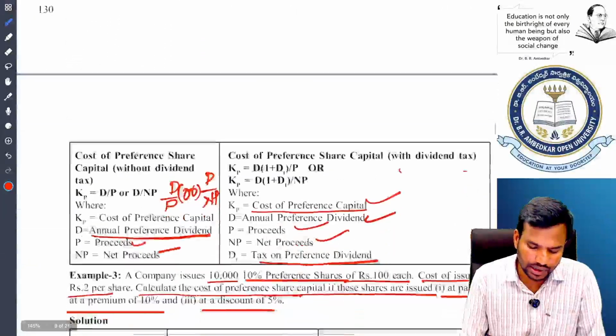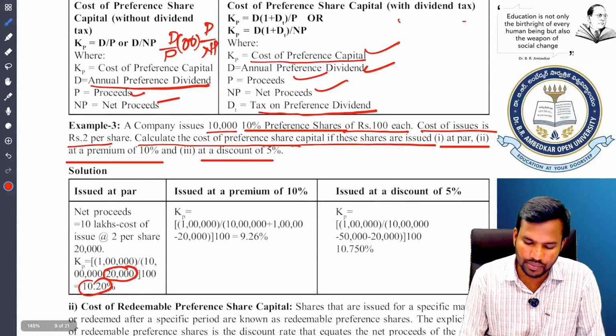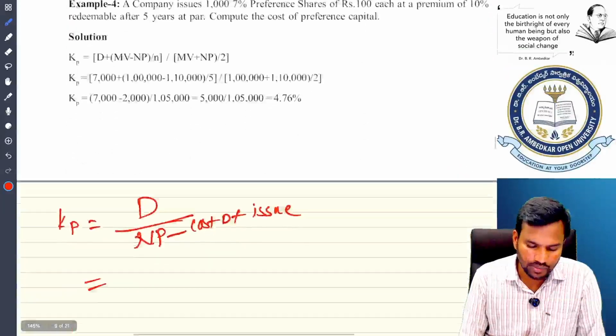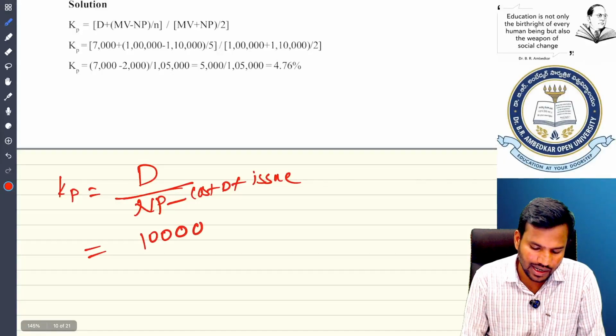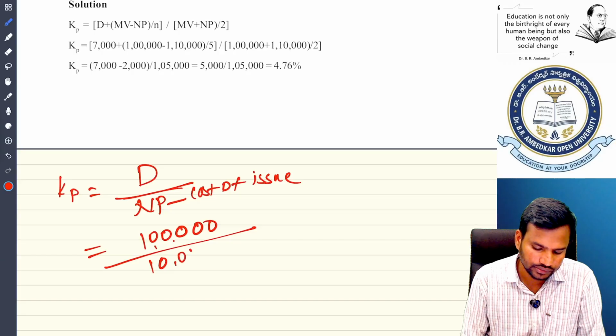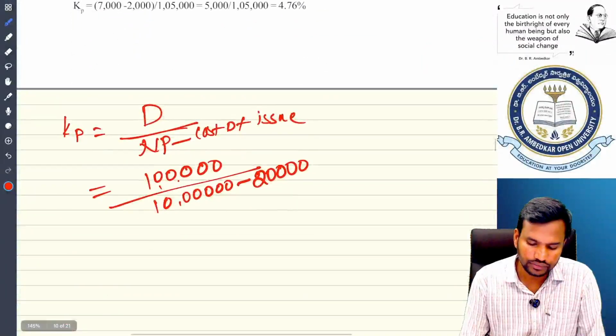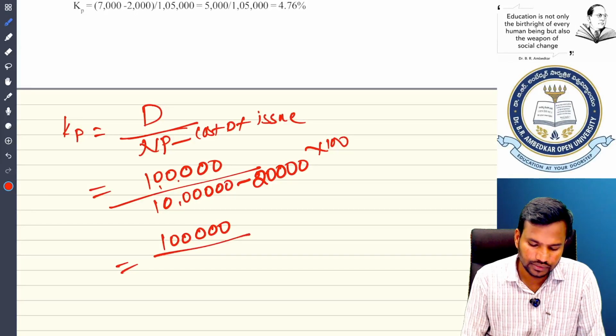The percentage is 10%. 10 lakhs into 10%, then dividends 1 lakh, divided by 10 lakhs minus 20,000, into 100. 1 lakh divided by 9 lakhs 80,000 into 100.